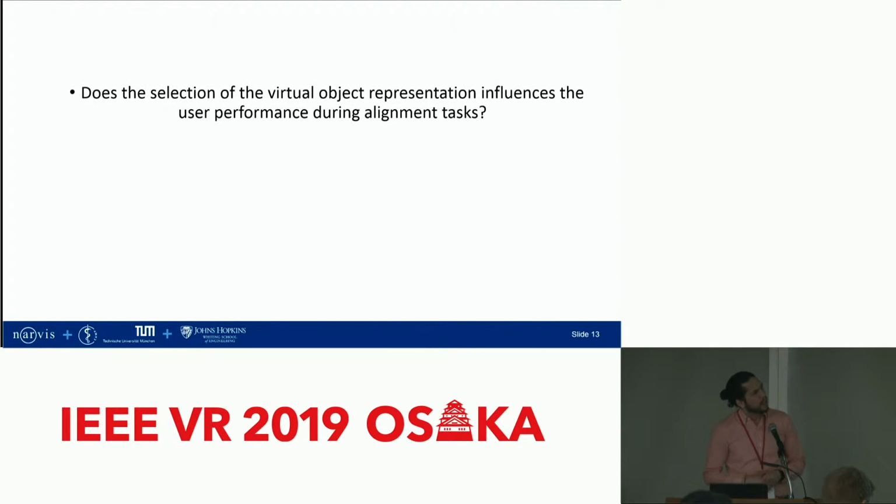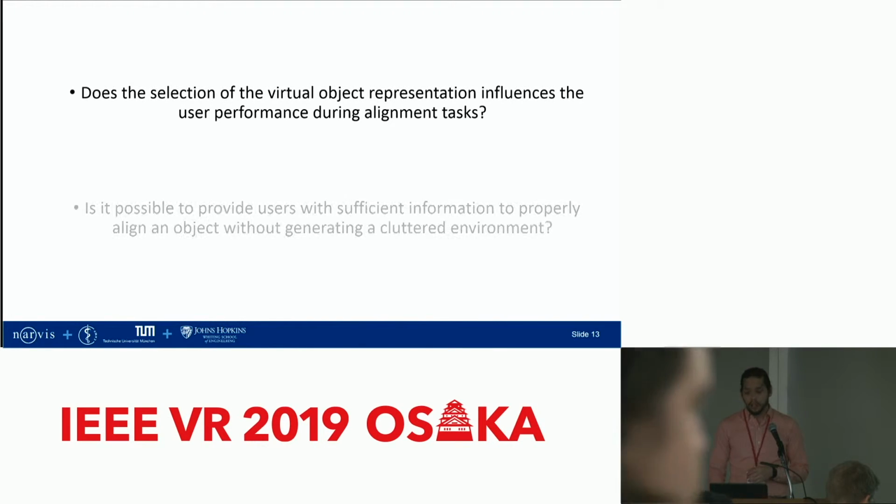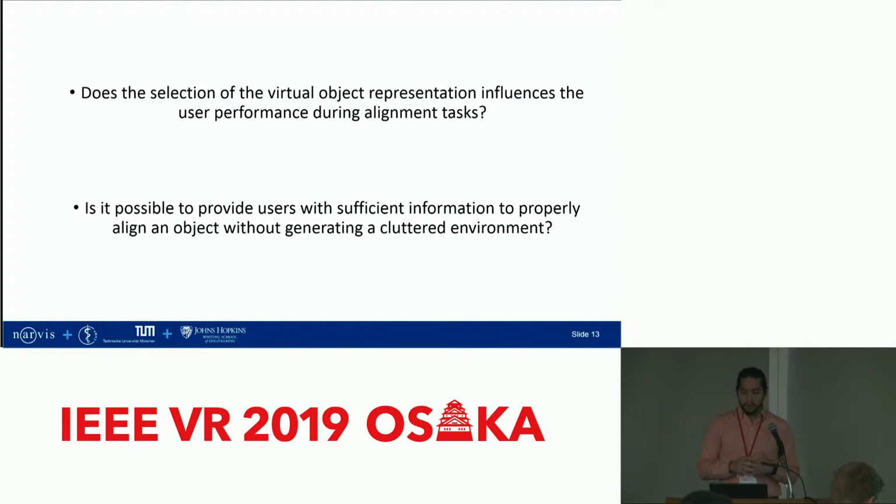So then, does the selection of the virtual object representation influence the user performance during the alignment task? That's one question that we were trying to solve. And if it does, is it possible to provide users with sufficient information to achieve a proper alignment and at the same time without generating a cluttered environment?